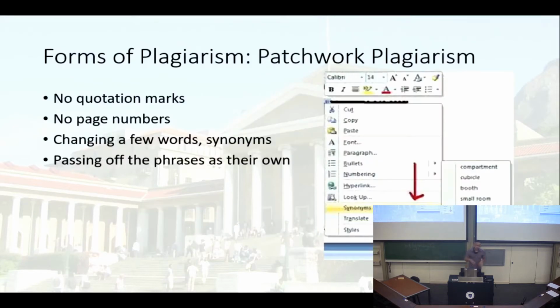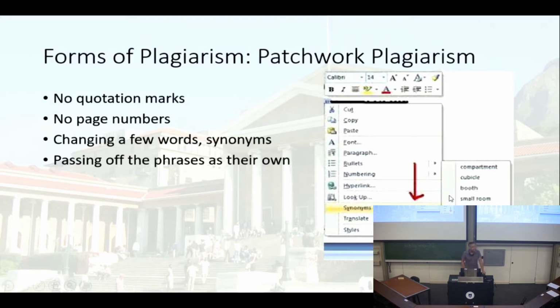Okay, patchwork plagiarism, one that is done quite commonly. And I know how you do it. You right-click, you copy the entire paragraph. You then choose a bunch of words which you want to change. I don't know how. Right-click and go to synonyms.